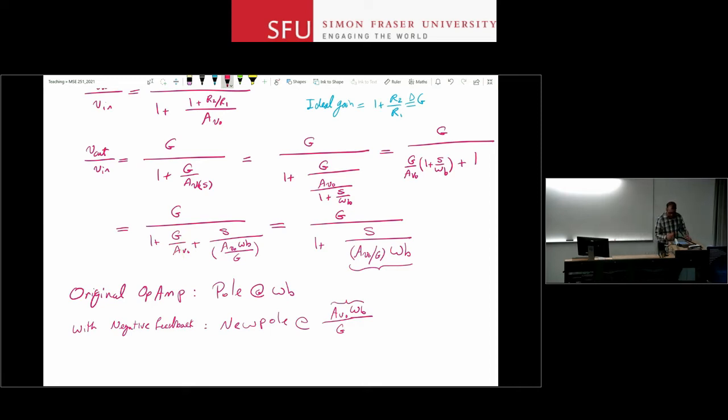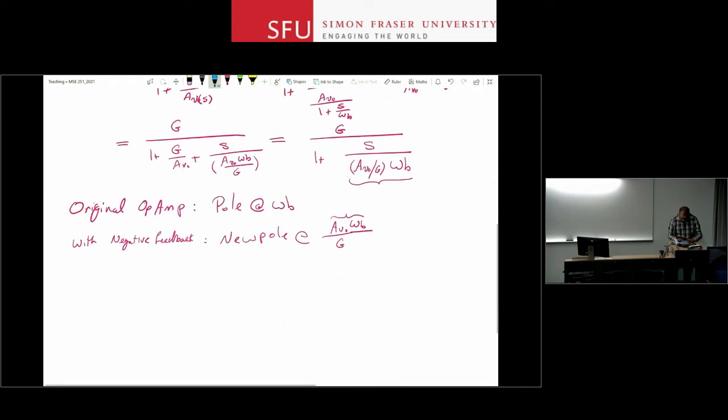So we give it a name. The gain bandwidth product is the name for that term, and that is AV naught times omega B. It is a constant.